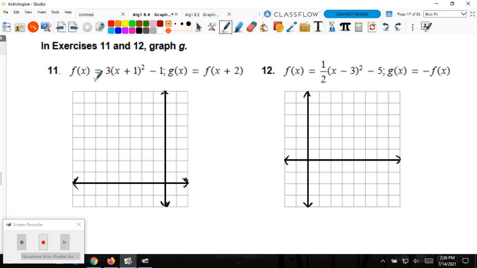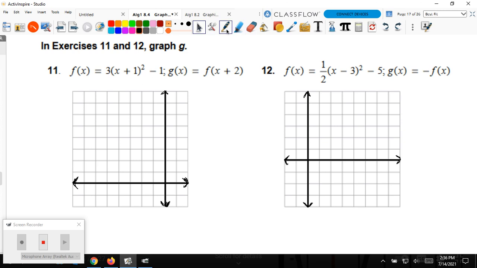Number 11 and 12. For 11 and 12, it says to graph G. Well, G of x says there's an f of x function there in vertex form. G of x just says f of x plus 2. So you're not graphing necessarily this. What we're graphing is if we were to plug in x plus 2 into this function for x, it's going to change that function a little bit.